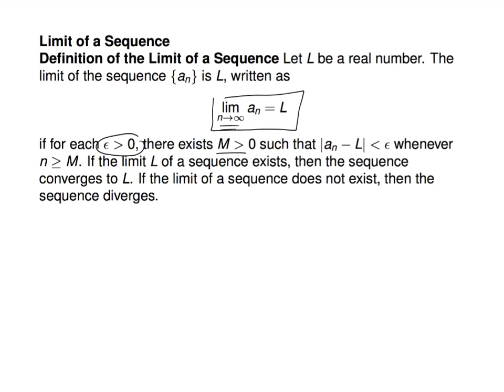There exists an M such that the absolute value of a sub n minus L is smaller than epsilon whenever n is bigger than that M. So, first of all, in dissecting this, when you first learned about absolute values, did you learn that they were distances? So this is saying the distance from a sub n to L is less than whatever that epsilon is.